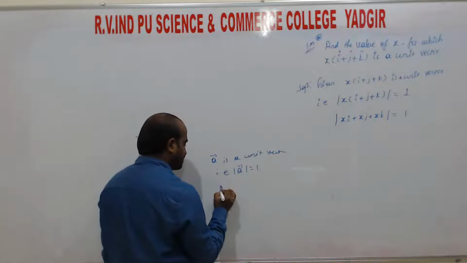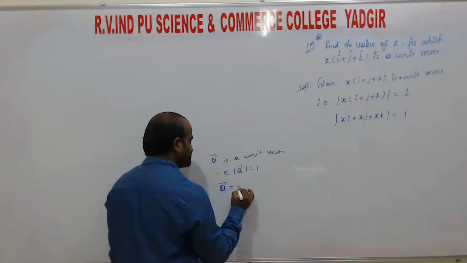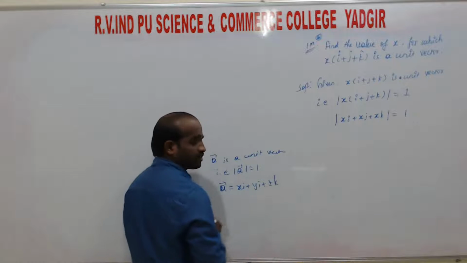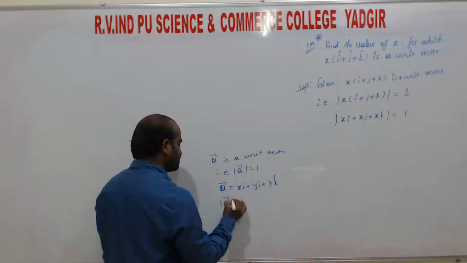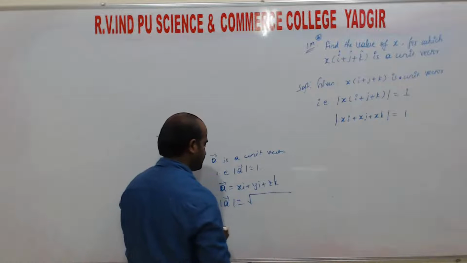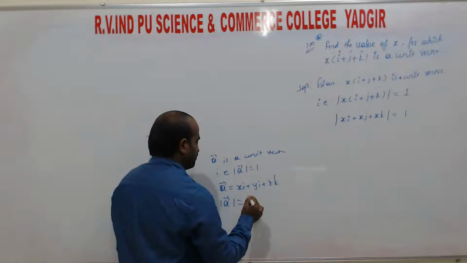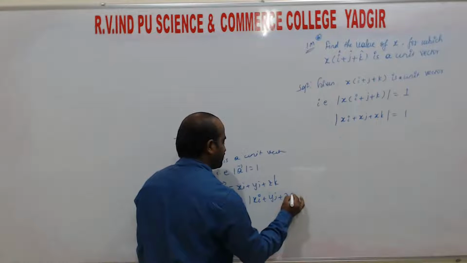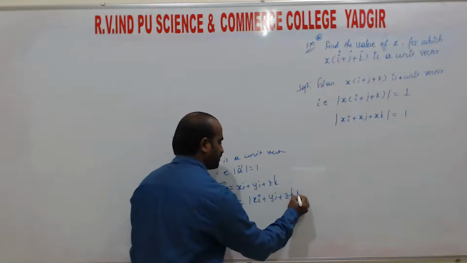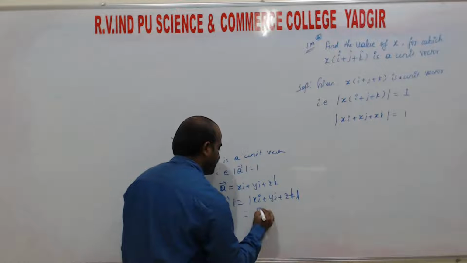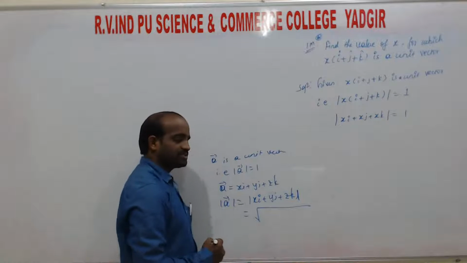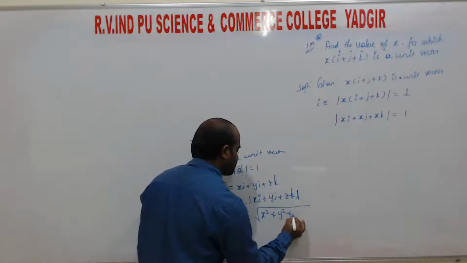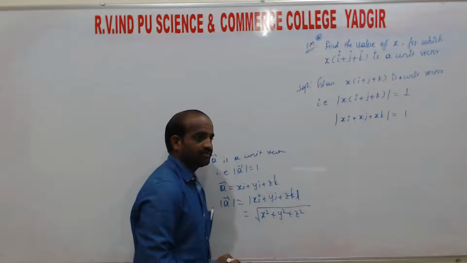You know this: if A vector is xi plus yj plus zk, then the magnitude of A vector is the root of x square plus y square plus z square.